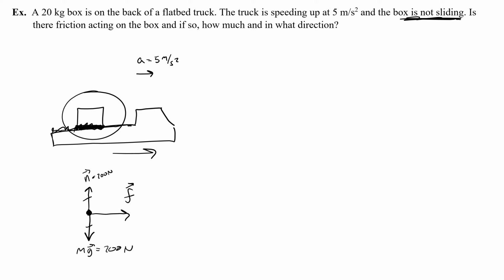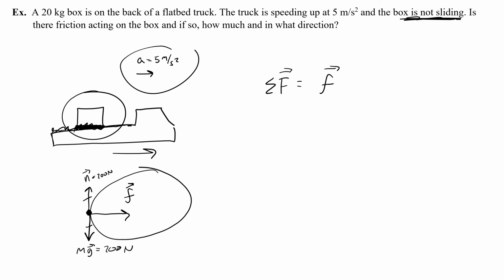Now, to figure out what that force of friction is, I have to realize that the normal force and the weight are balanced, and friction is unbalanced. So in this problem, our net force is friction. And it's not negative because it's in the same direction as the acceleration.